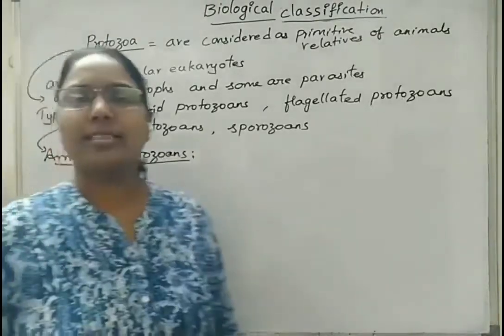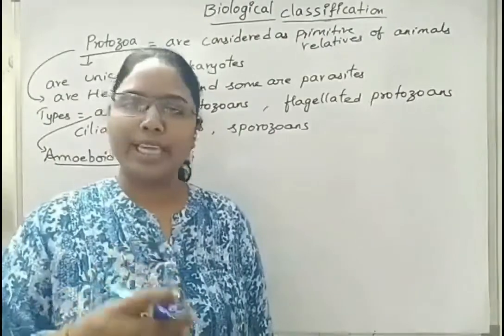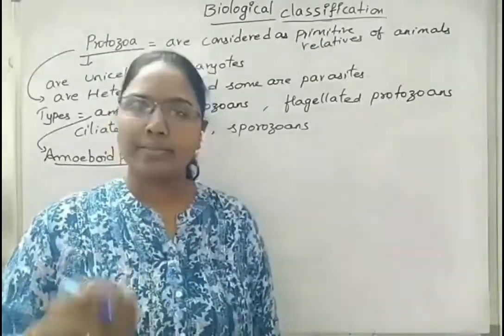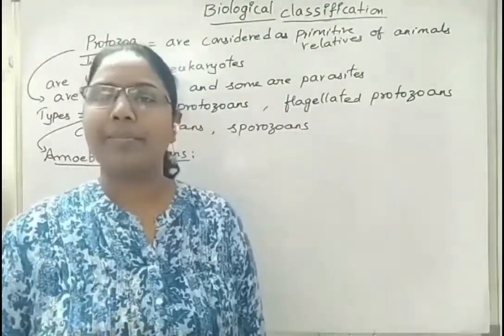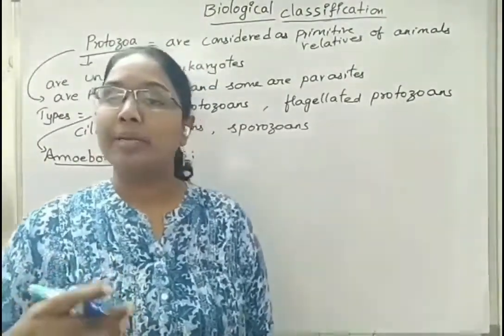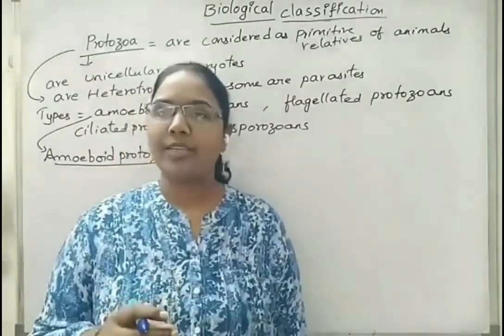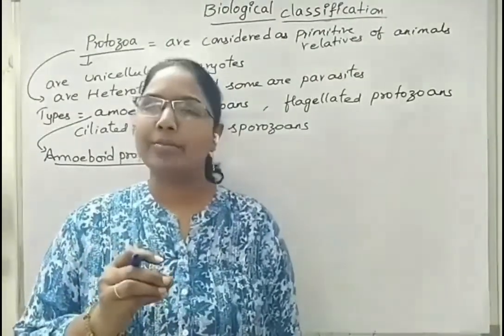Amoeboid protozoans are heterotrophs that cannot prepare their own food material. They are unicellular. Under amoeboid protozoans, we can read about normal amoeba and Entamoeba histolytica. In its total lifetime, Entamoeba histolytica shows only one or two stages that are amoeboid in nature.